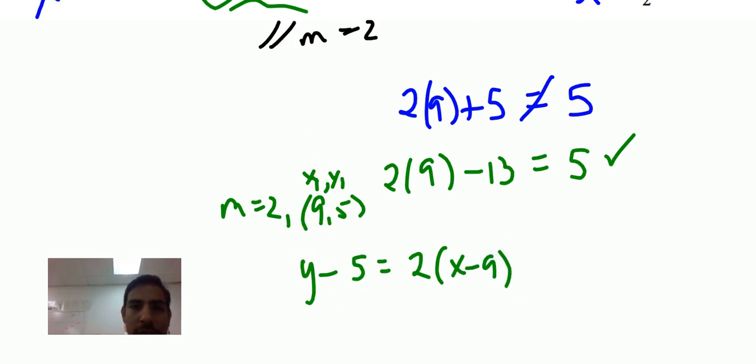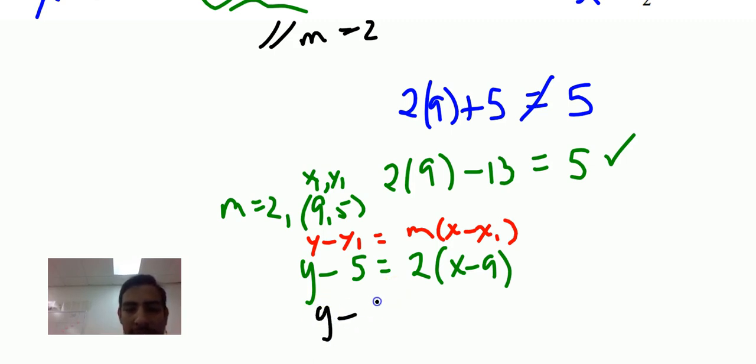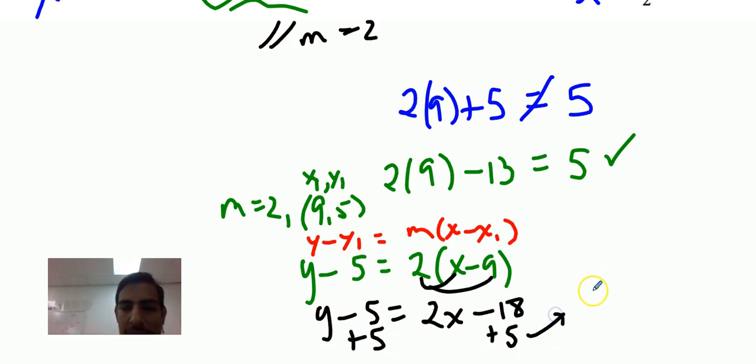And again, this is y minus y1 equals m parentheses x minus x1. Okay, I'm just going to clean this up. So I get y minus 5 is equal to 2 times x, which is 2x. 2 times negative 9 is minus 18. Then we'll add the 5, and we end up getting the answer that we had expected.